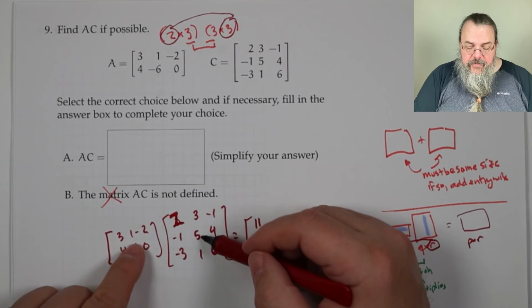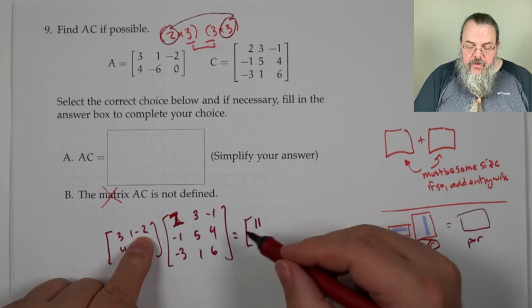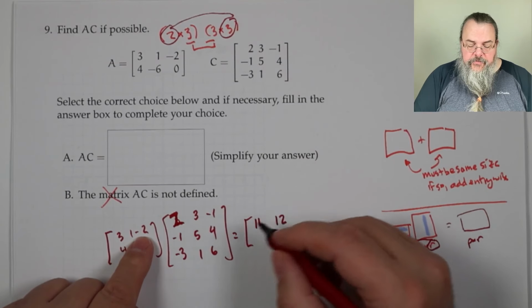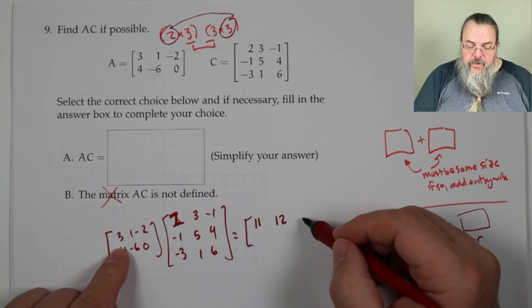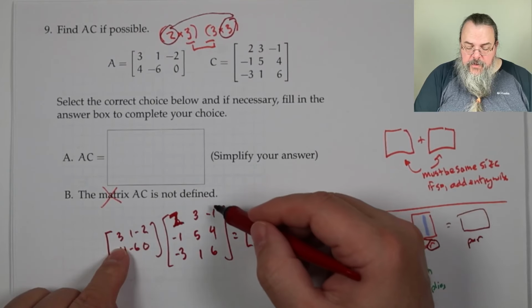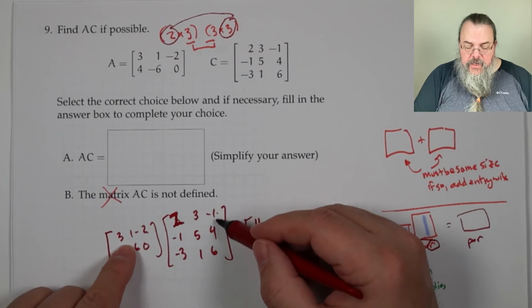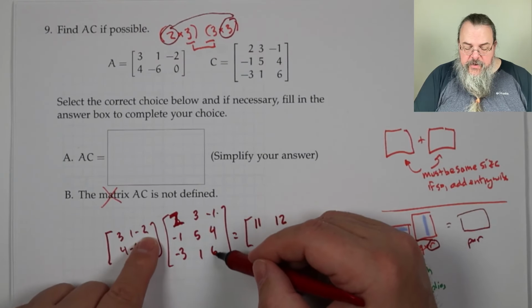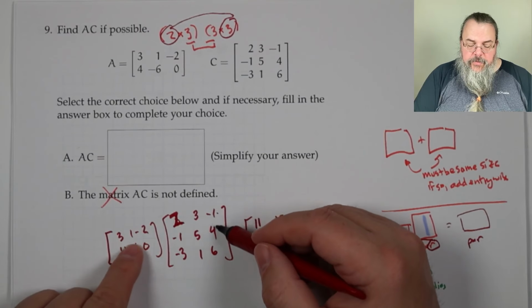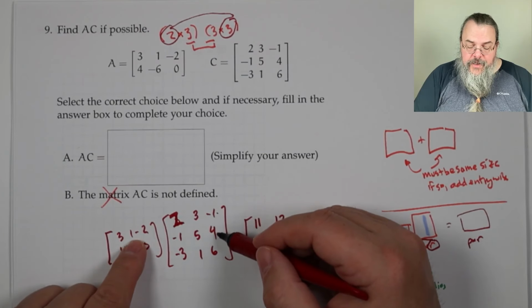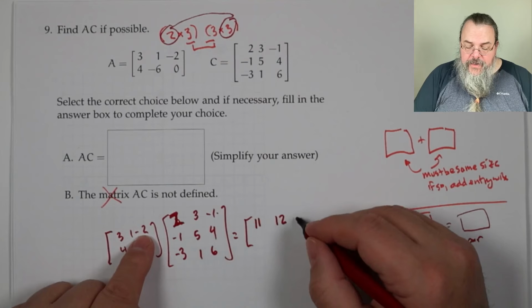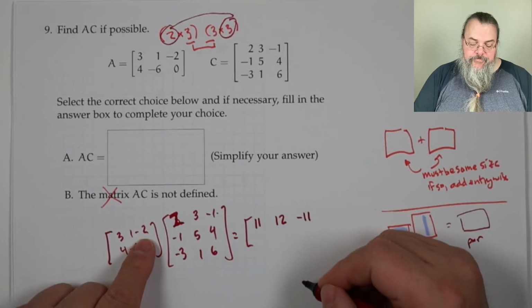So again, 9 plus 5 is 14, minus 2, 12. First row, third column. Minus 3 plus 4 minus 12. So minus 3 plus 4 is 1. Minus 12 is minus 11.